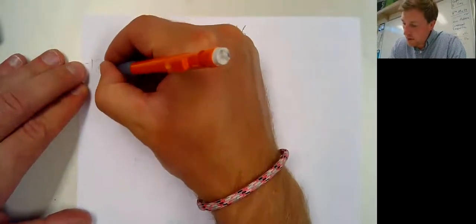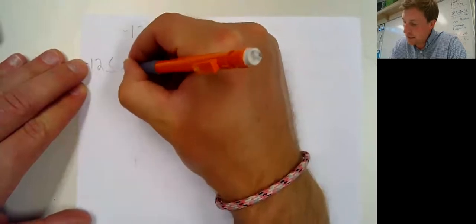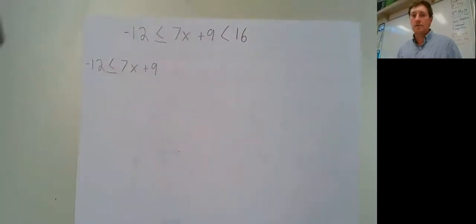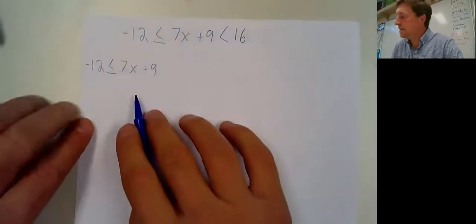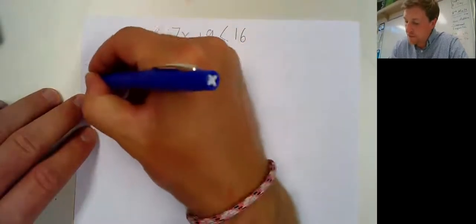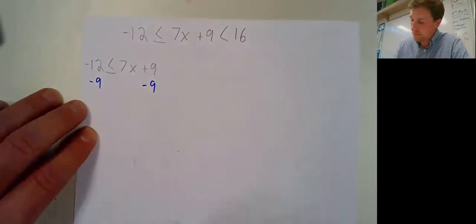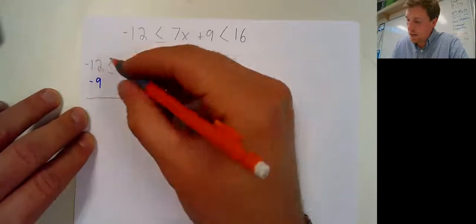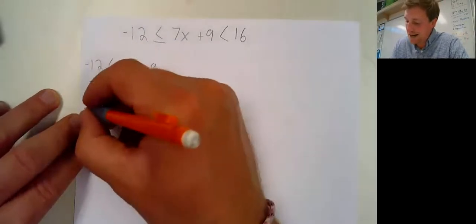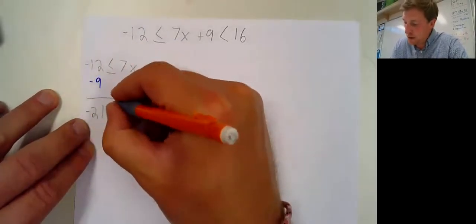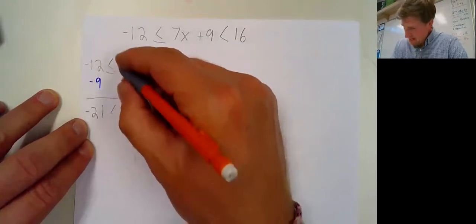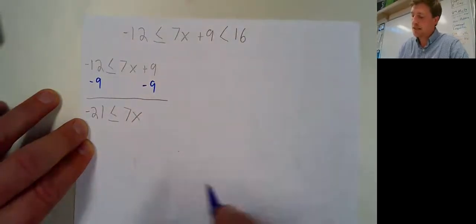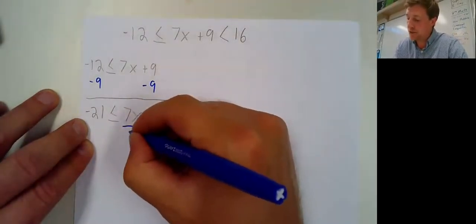-12 less than or equal to 7x plus 9. Same idea, solving for x using SADMEG. I'm going to take 9 away from each side. -12 minus 9 is -21, less than or equal to 7x. 7x is like multiplication, so I need to do the opposite.